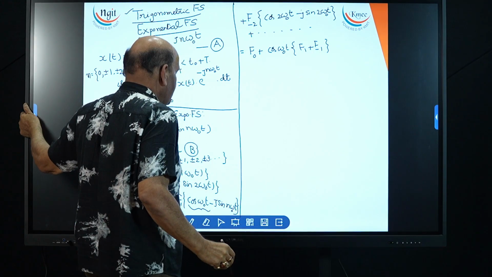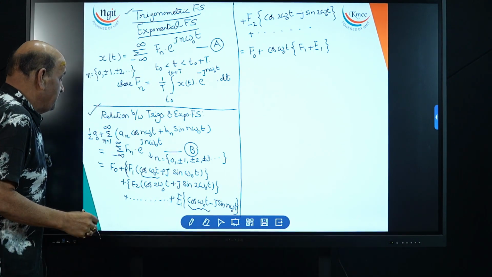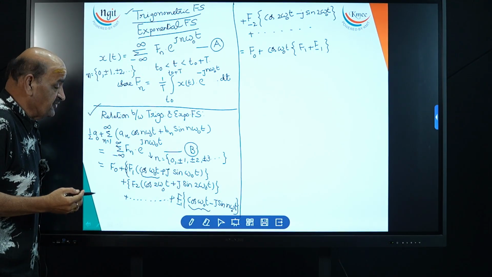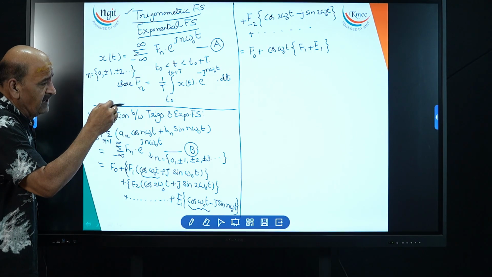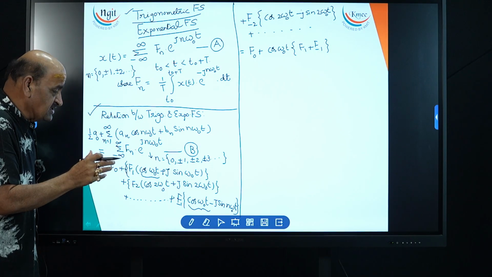Now just look at, I am highlighting the coefficients of f, that means the exponential trigonometric series. In this way you can make all terms homogeneous like this.